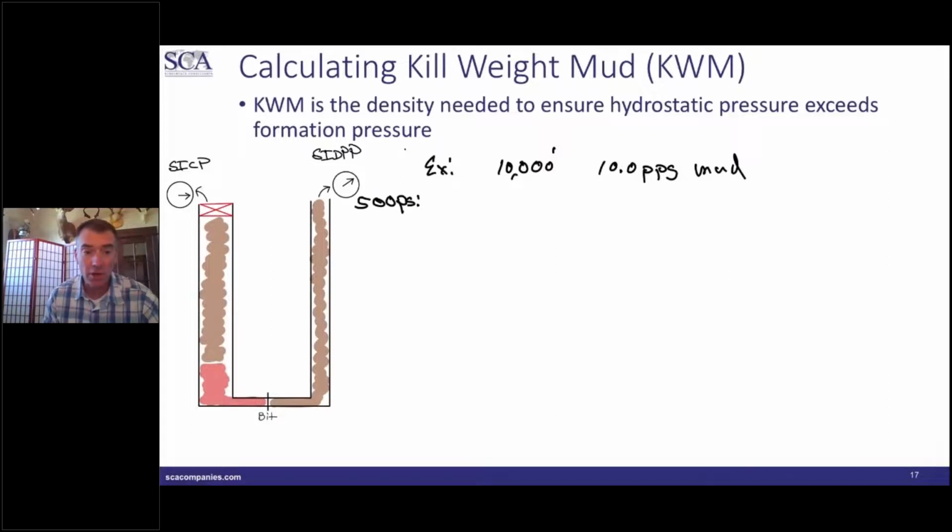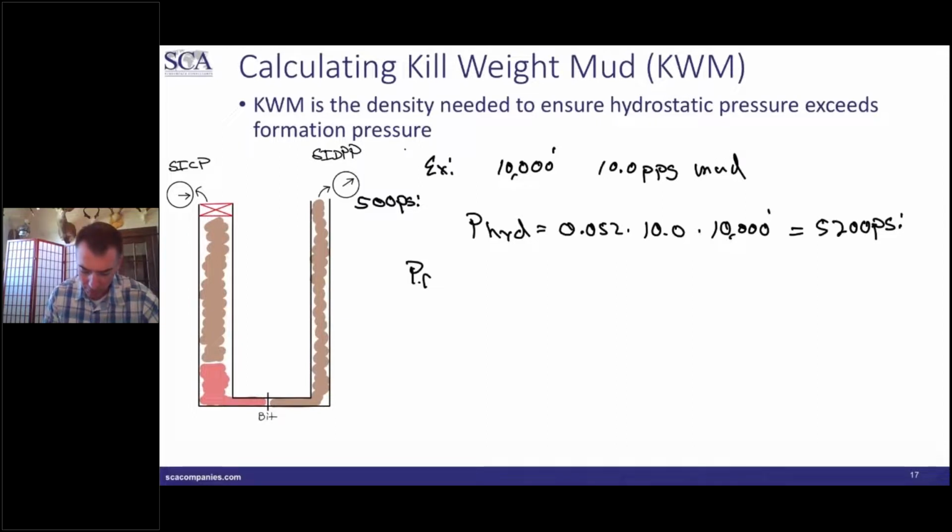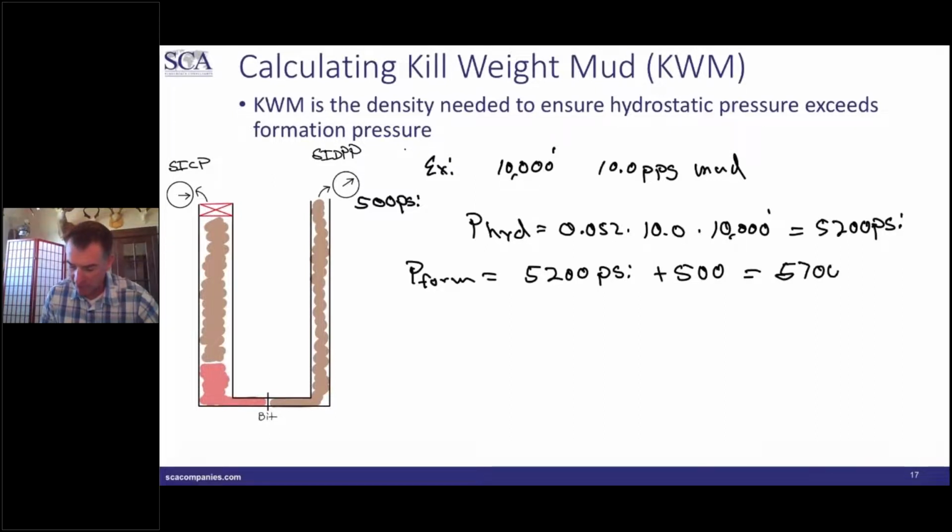Then my hydrostatic pressure is equal to 0.052 times 10.0 times 10,000 feet, and that equals 5,200 psi. Done that before. Then my formation pressure is equal to 5,200 psi plus 500 psi, my shut-in drill pipe pressure, that equals 5,700 psi.